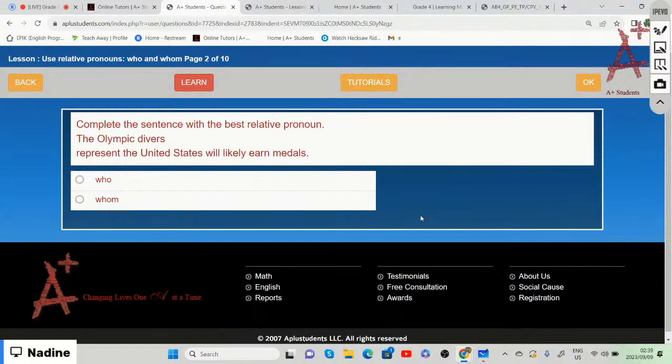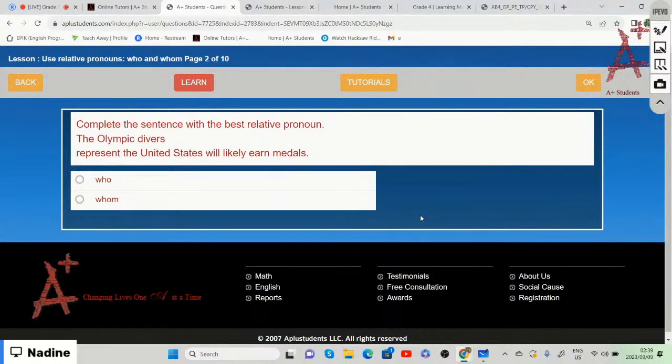We need to choose the correct relative pronoun, either who or whom. Remember, who or whom gives us information about people.